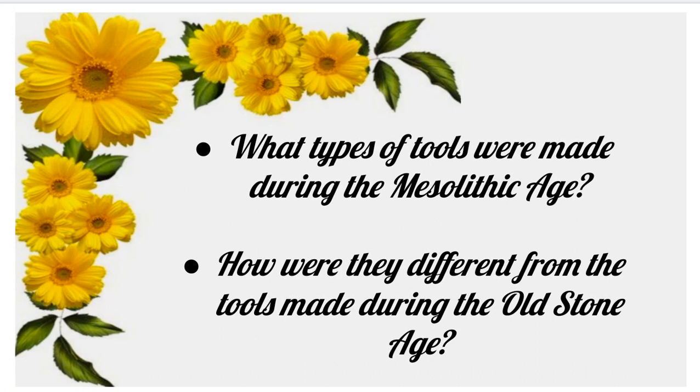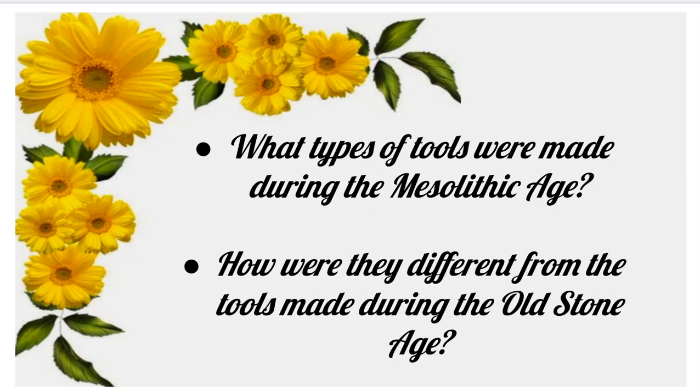What were they known as? Microliths. And core, it is in cylindrical shape. Point, it is triangular in shape. Point is the name of a tool. Then blade, it is used for cutting a sharp edge. And lunate, used as arrowheads.